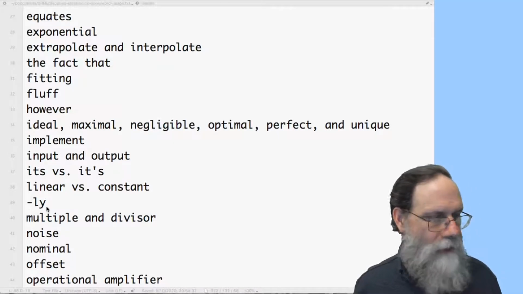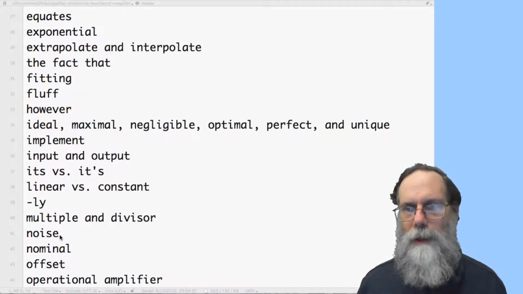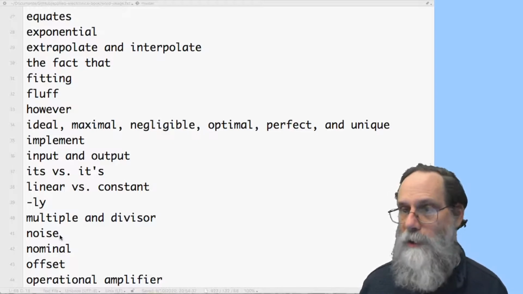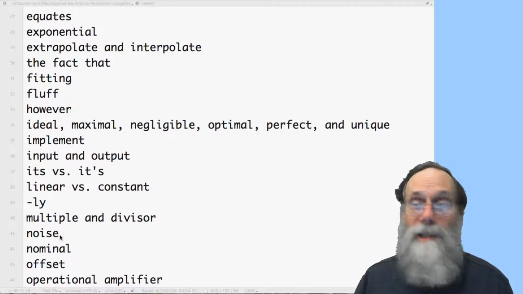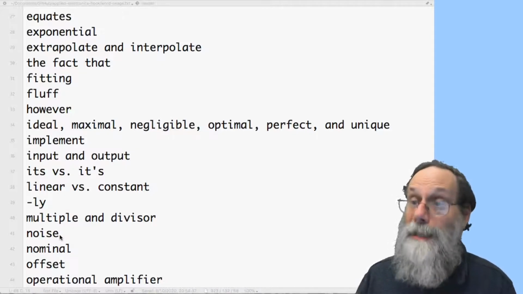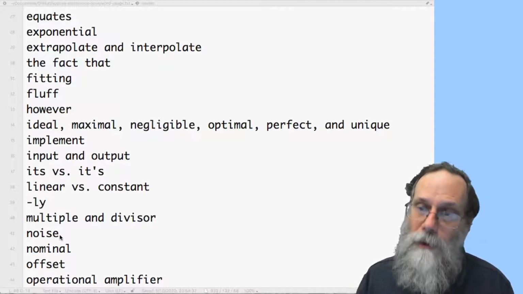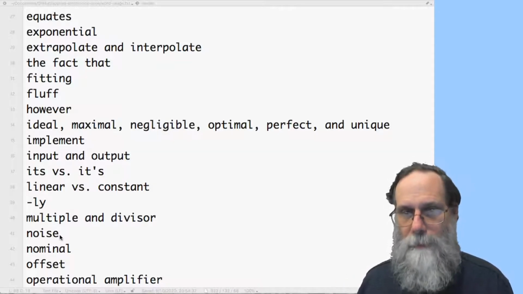Okay, let's do some more. Noise. Noise has a technical meaning in particularly electrical engineering, but in anything where you're dealing with signals. Noise is something undesired. It doesn't mean sound. It doesn't even mean loud sound. It means something undesired that interferes with your ability to actually get the signal that you want to get.